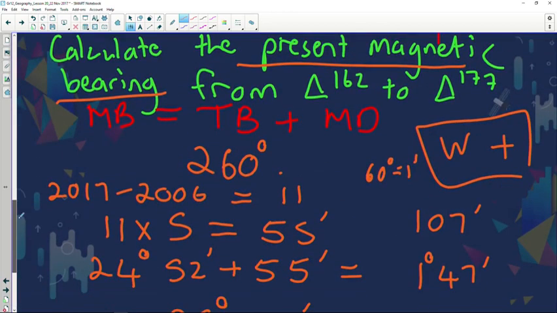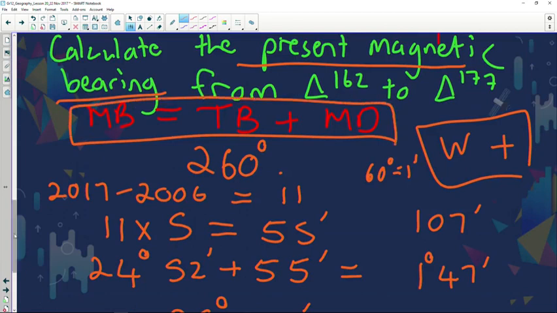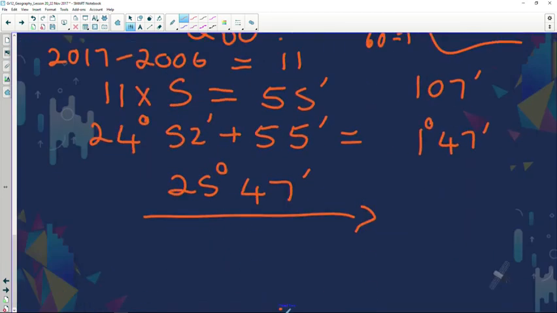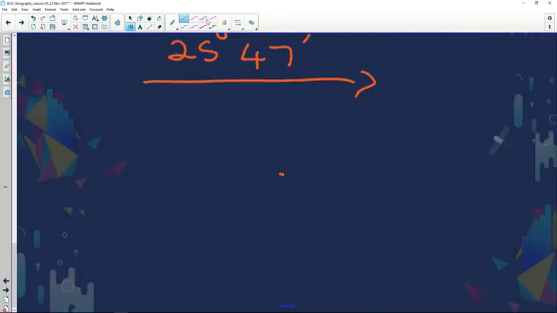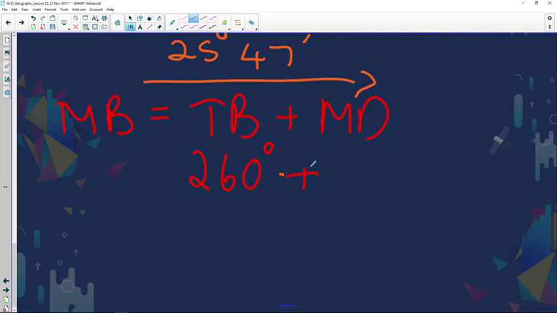Now let's move back to our formula. Just continue writing it nice and neat over there. Just extend the page a little bit. Magnetic bearing equals true bearing plus magnetic declination. And our true bearing was 260 degrees. And we add 25 degrees and 47 minutes west.